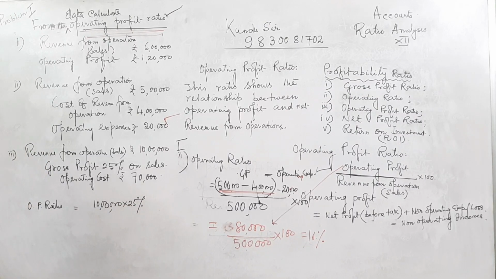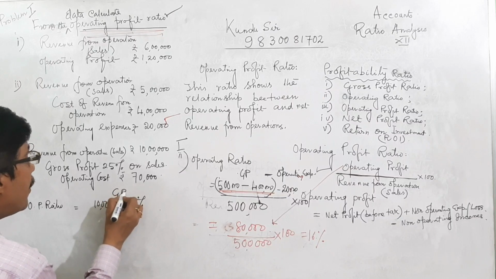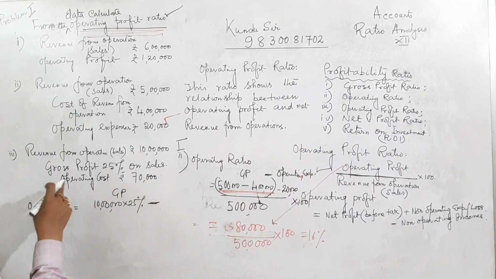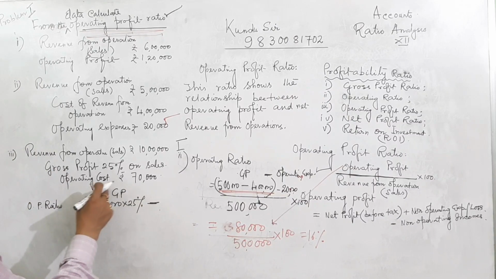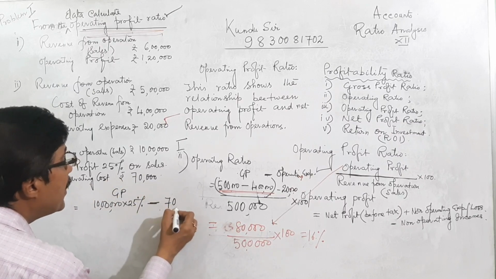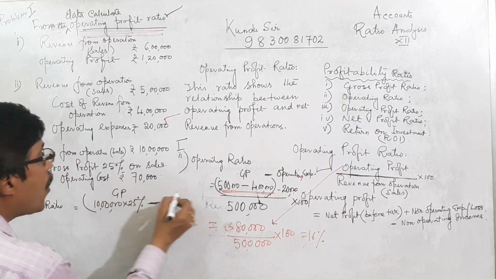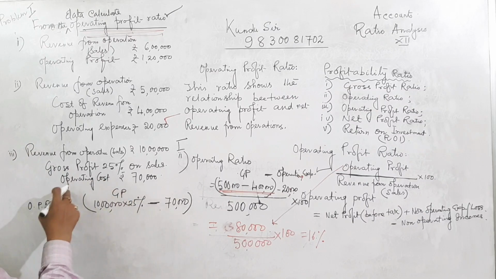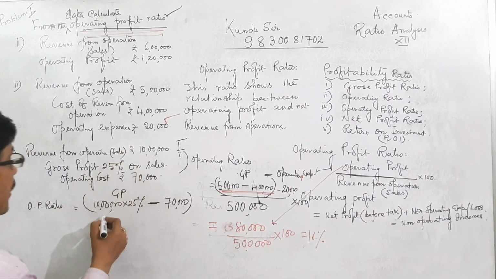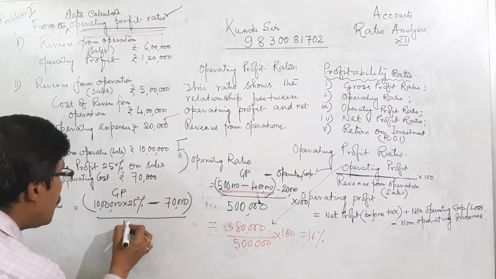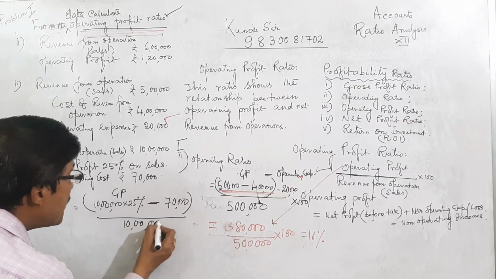From GP we are deducting 70,000, the operating expenses, operating cost, divided by net revenue from operation.